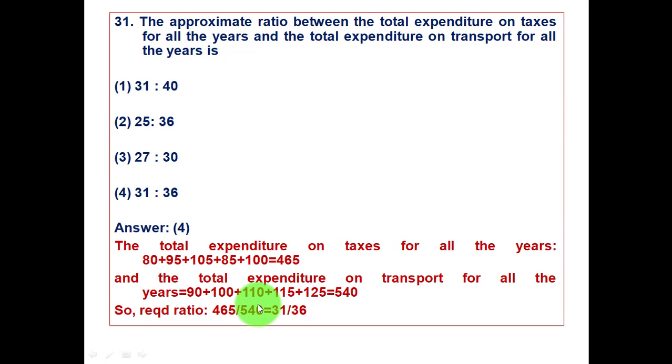So we want a ratio, taxes divided by transport, that is 465 divided by 540. First divide both numerator and denominator by 5, and after simplification you will find 31 by 36. That matches with option 4, so 31 is to 36.